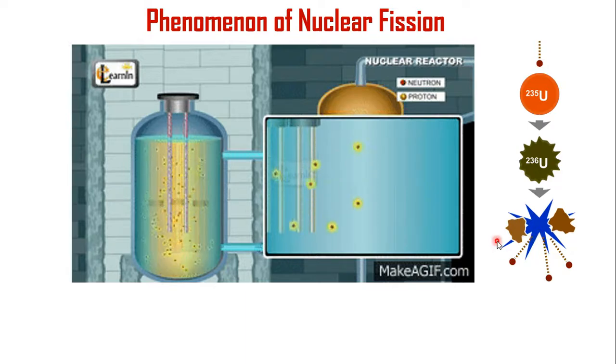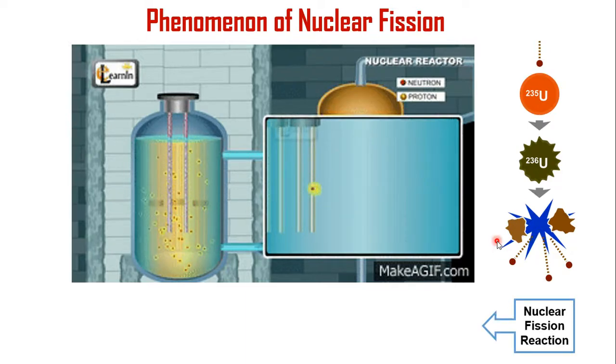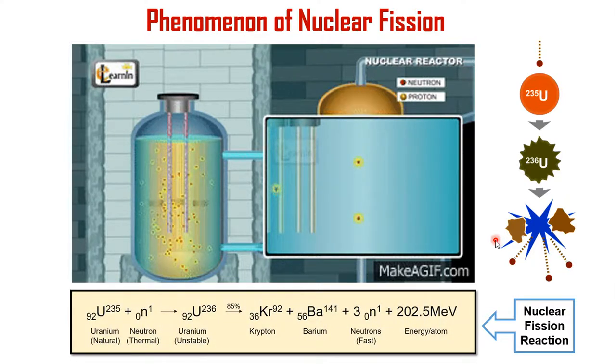Coming to this chemical equation, this is the chemical equation for nuclear fission. When one neutron combines with the natural uranium U92 235, it will produce an unstable uranium 236, which divides into two fragments, that is krypton and barium.